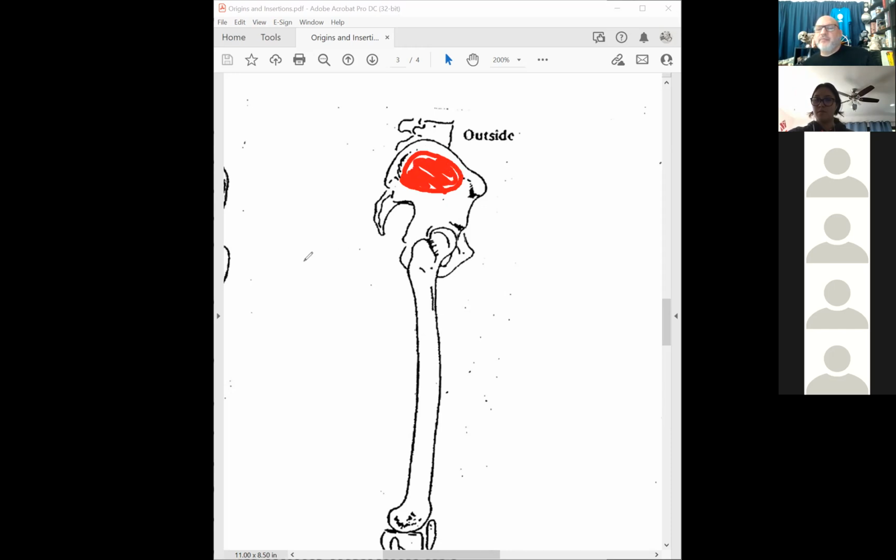That's probably enough. And conveniently enough, it inserts into the lateralmost point of the hip, which you all know because it was on the 30-point review and it was on the exam. What is the lateralmost bone feature of the hip? There you go. The greater trochanter of the femur.